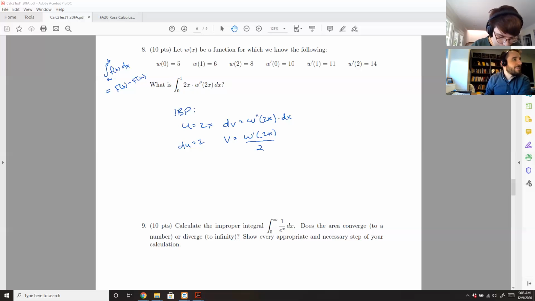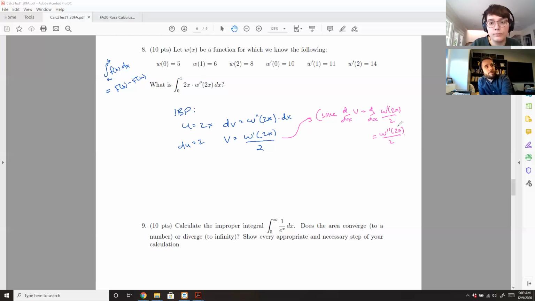I'll just point out that the simplest way to see this is if we take the derivative of v, that's taking the derivative of w prime of 2x divided by 2. And then by the chain rule, that's going to equal w double prime of 2x divided by 2 times the derivative of what's in the parentheses, so times 2.